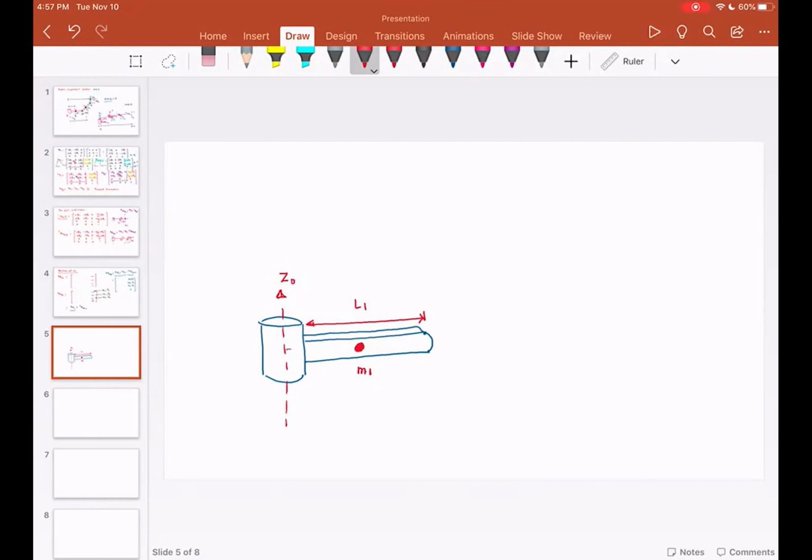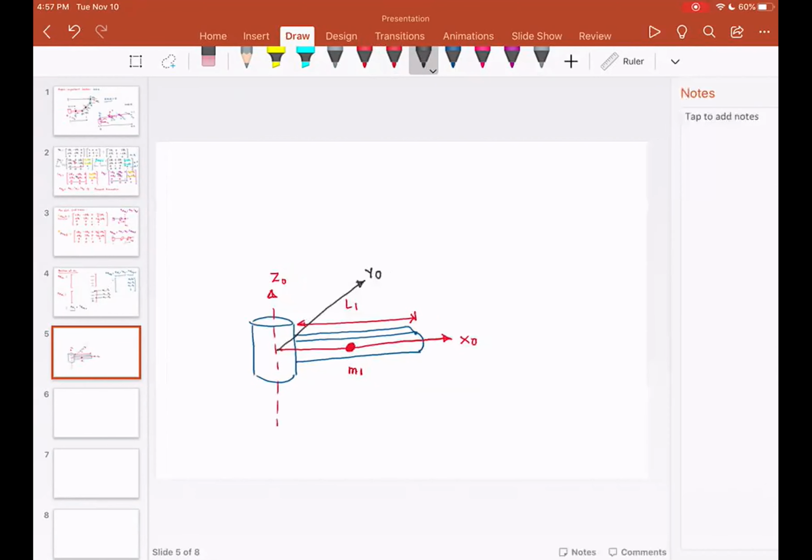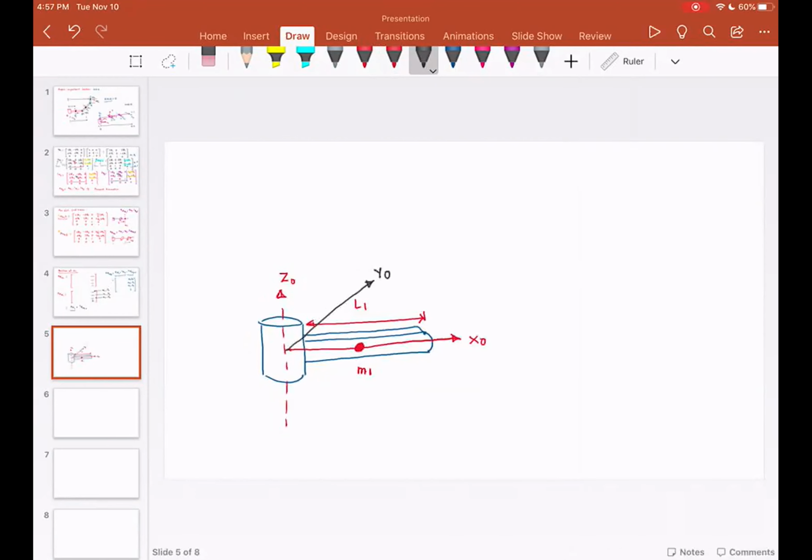Then I have assumed this to be my X naught, and I have assumed this as my Y naught. Now, if you look at this, IXX1 is nothing but I1.